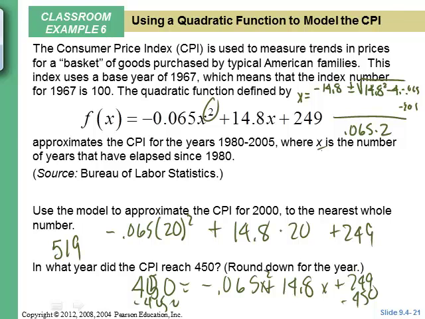The square root part first. 14.8 squared minus 4 times negative 0.065 times negative 201, and we get 166.78.